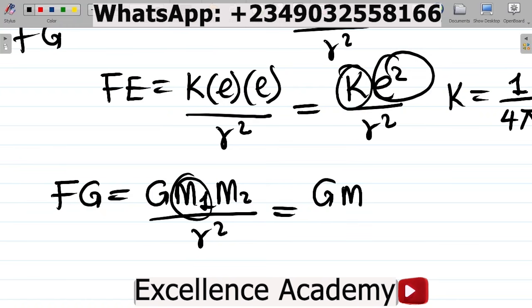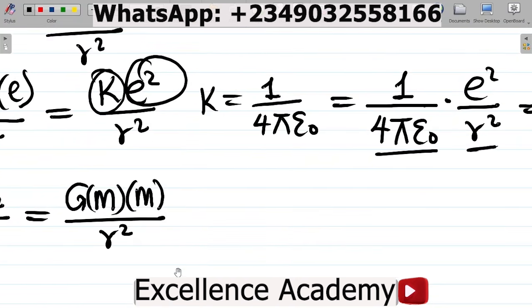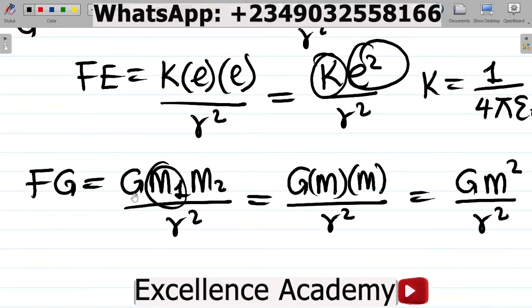So m1 becomes m, m2 also becomes m, since they have the same mass, all over R squared. Now let's multiply this. This becomes G times m times m, which is m squared, all over R squared. So what I have here now becomes the formula for Fg.